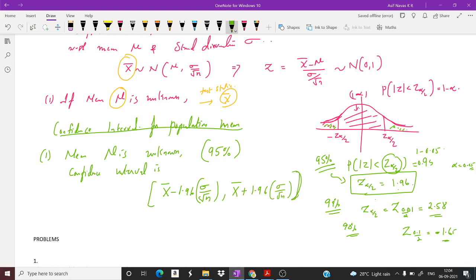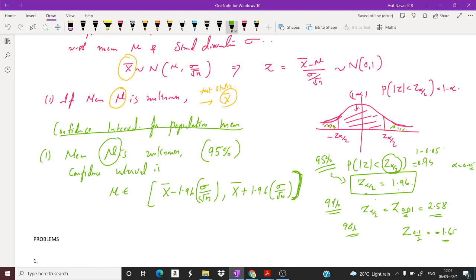So this is the confidence interval for the unknown mean. That means the mean of the population may be in this interval with 95 percentage chance. That means mu belongs to this interval with a 95 percentage chance.